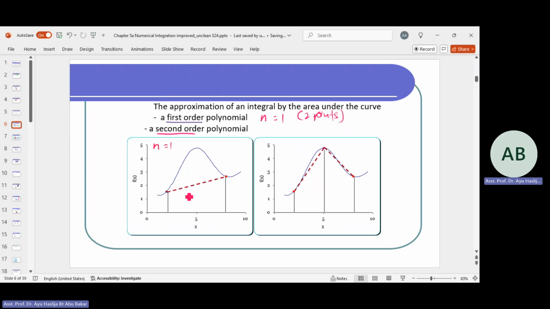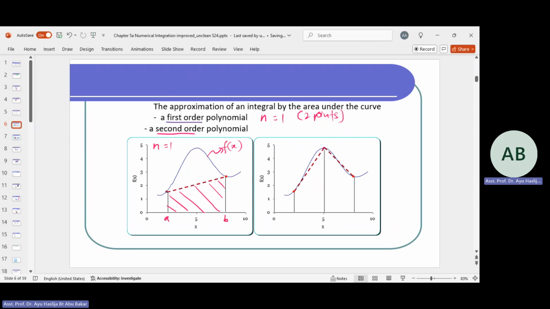So you have 2 points, a and b, lower range, upper range. Then the line over here, you can see it is a straight line, which is linear. So this is your f(x), the function of that curve. To find area under the curve for this function using n equals 1 linear, you will only get this part, area under the curve within that area.